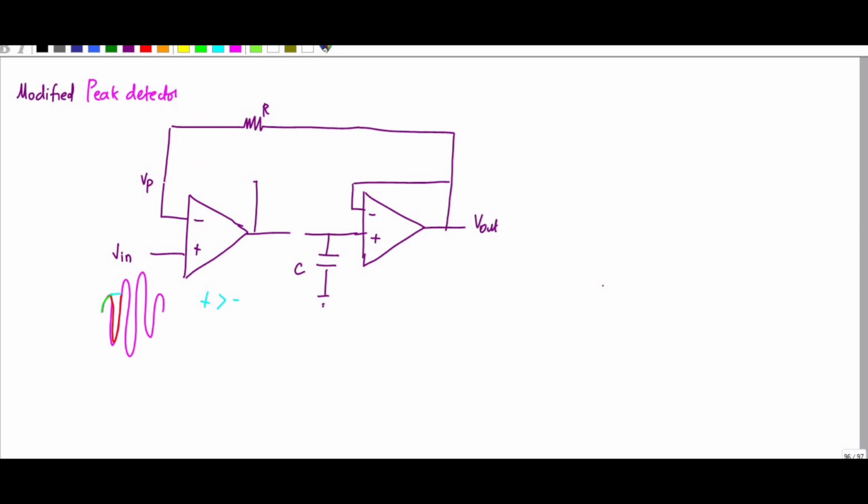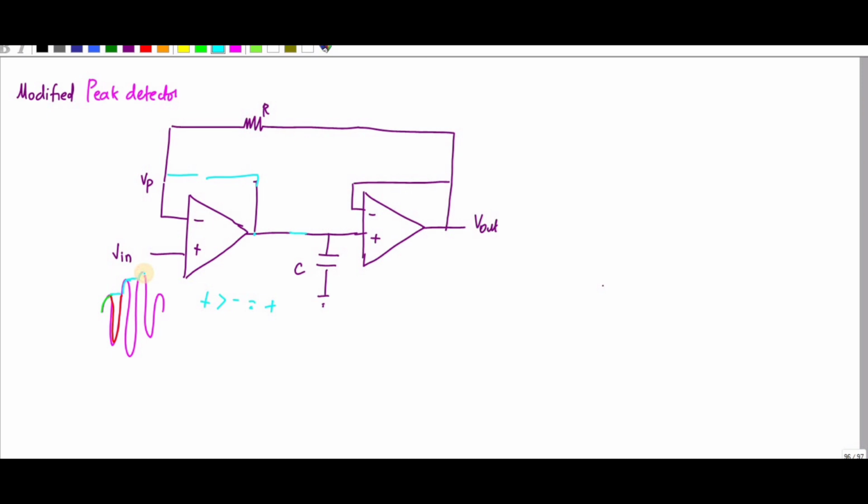So you can see you have a diode here, right? If the plus value is greater than the minus value, this output is positive. If the output is positive, this becomes open circuited, and here you have a diode that is short circuited. So again it will go to the next peak, and this entire operation will proceed.